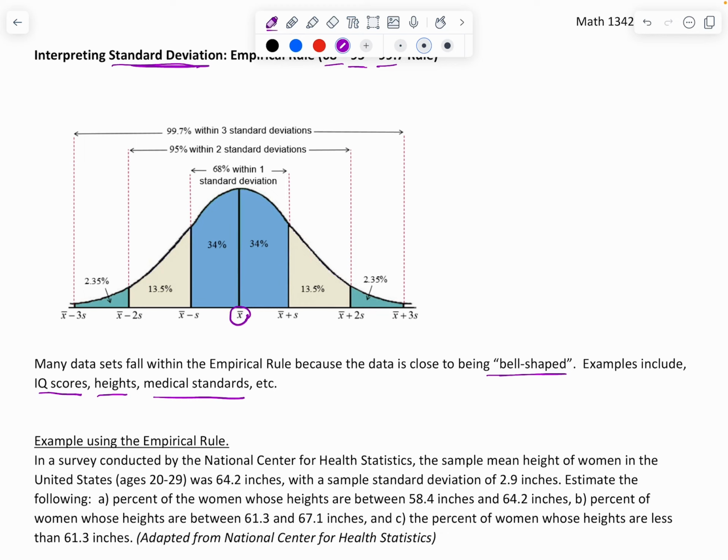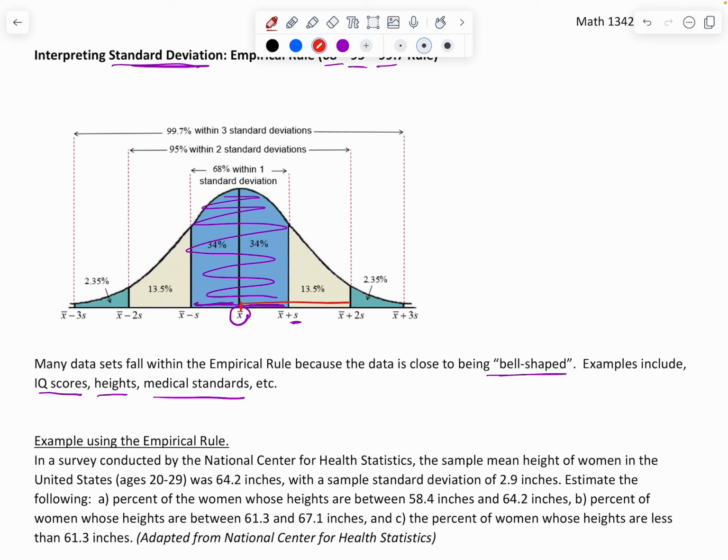Okay, so this is my average. That's my mean. This is 1 standard deviation to the right, so that's plus 1 standard deviation. Going this direction, that's going to be minus 1 standard deviation. So everything that falls within 1 standard deviation is about 68% of our data.